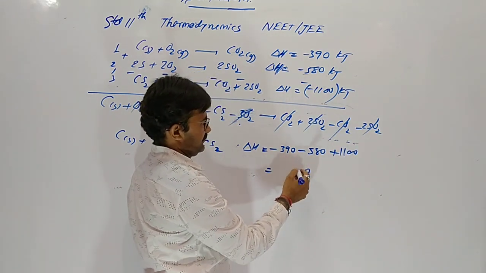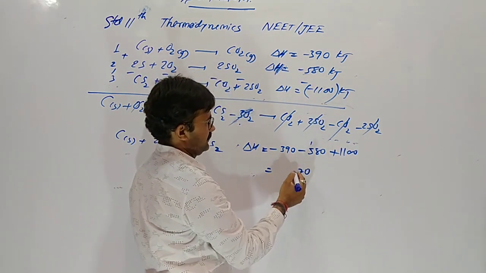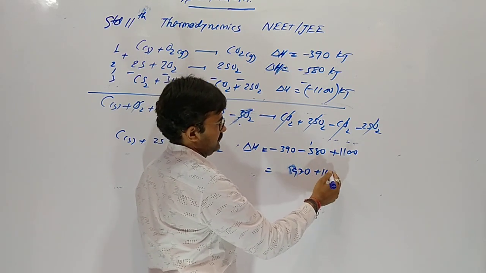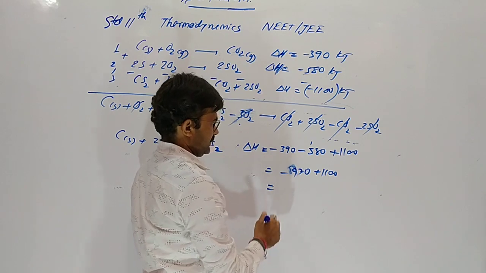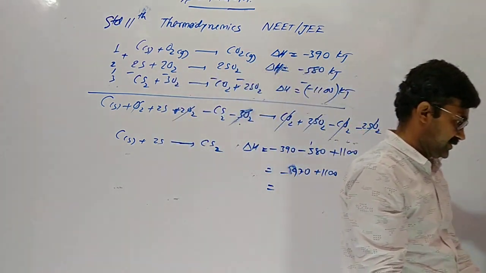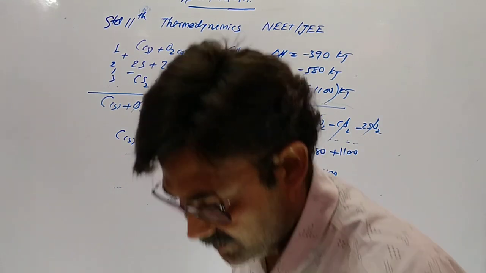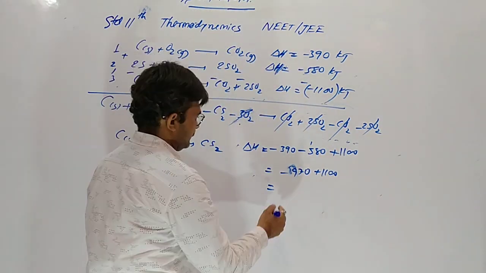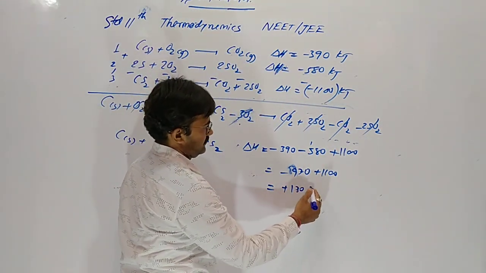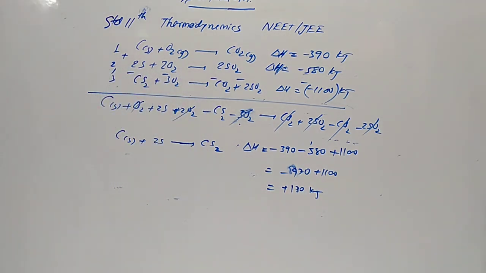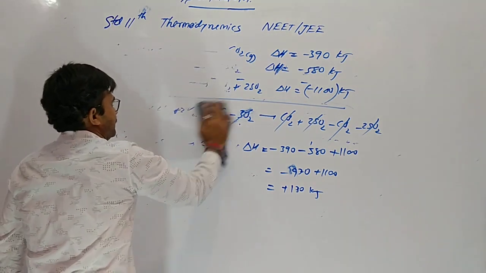So here 1100 minus 970 gives 130. Yes, 130 kilojoule is our answer. Now another question.